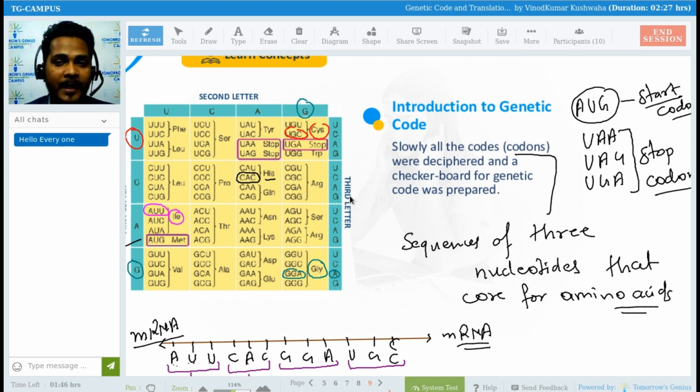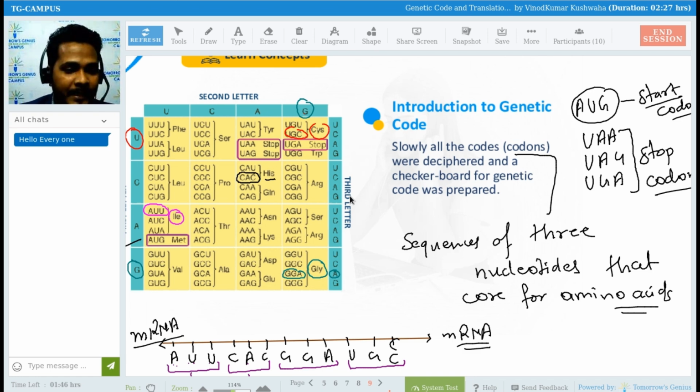Yes, it's absolutely right. As I told you, that is the stop codon, because you can see in this checkerboard method, it is not written that the stop codon is a kind of amino acid. It is just mentioned as a stop codon, so it has no code, right?